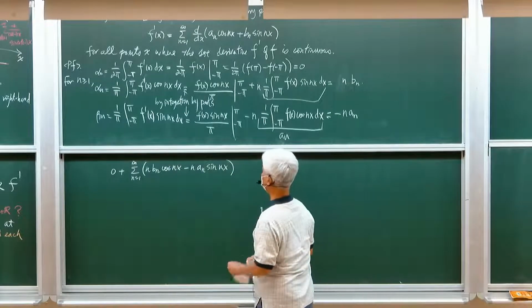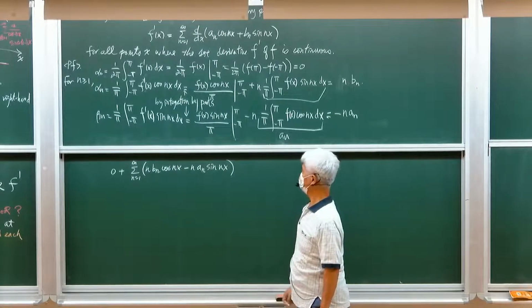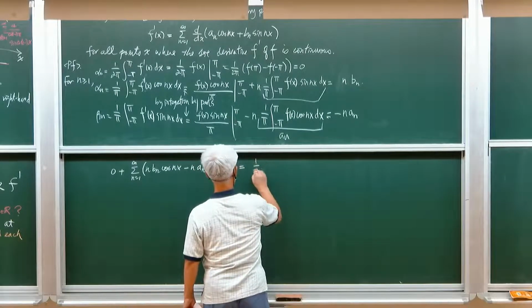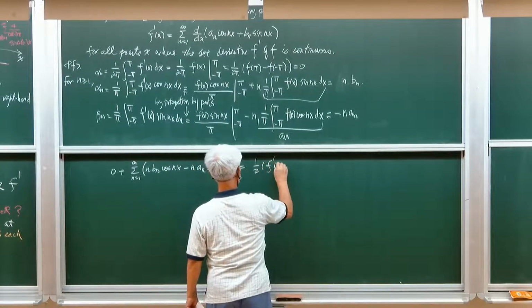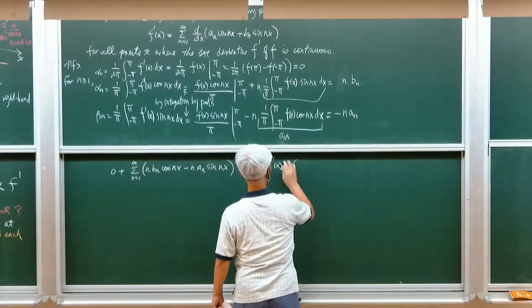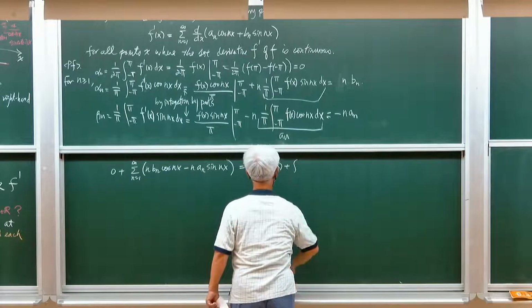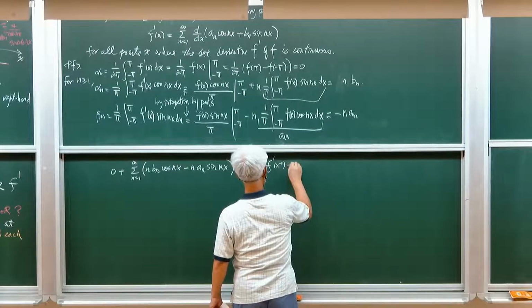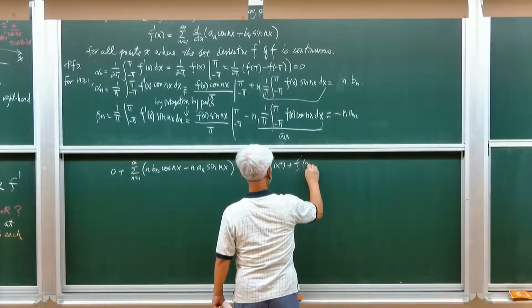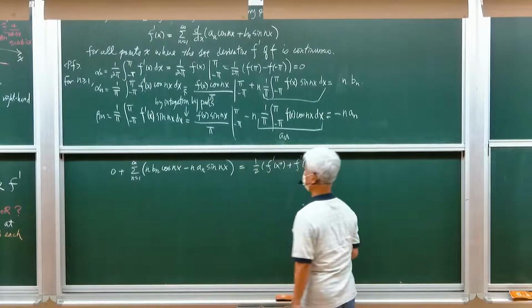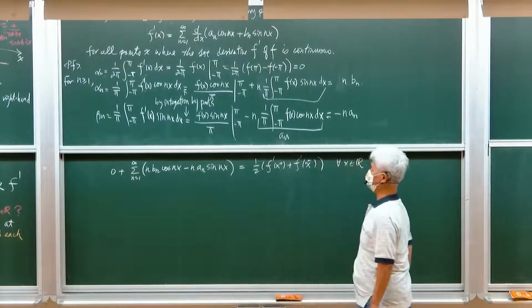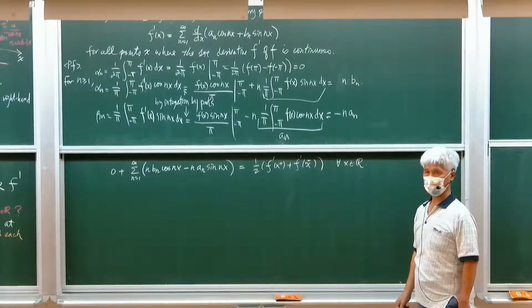Okay? So this one is equal to 1/2 of f prime of x plus the right-hand limit and the left-hand limit, for all x in R. Okay, so that is what we have.